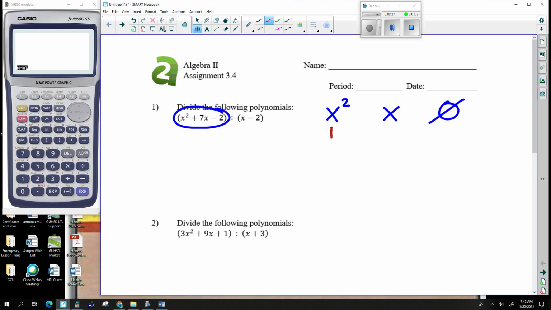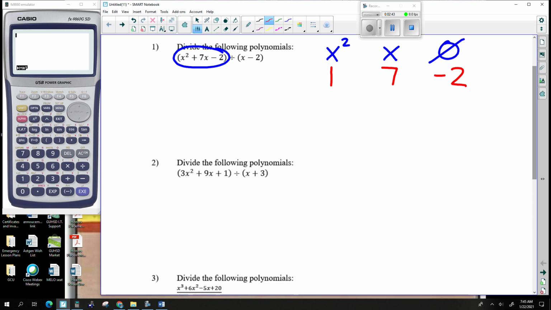So my x squared is 1, my x is a positive 7, and the normal number is negative 2. So I set up my problem beginning with the largest coefficient. Relating this to number 2, the numerator begins with an x squared, so that would be 3, 9, and 1. That is the numerator. That is what I'm dividing.